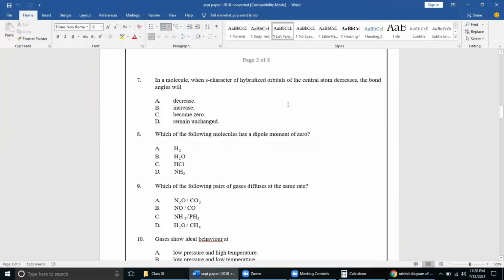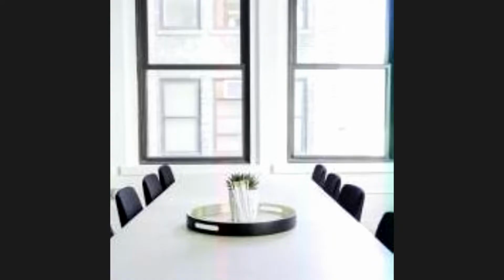Okay, next question is, in a molecule when the S character of the hybridized orbital of the central atom decreases, will the bond angle increase or decrease? This you have to find. Now see, in sp3 hybridization, there is 25% S character and 75% P character.